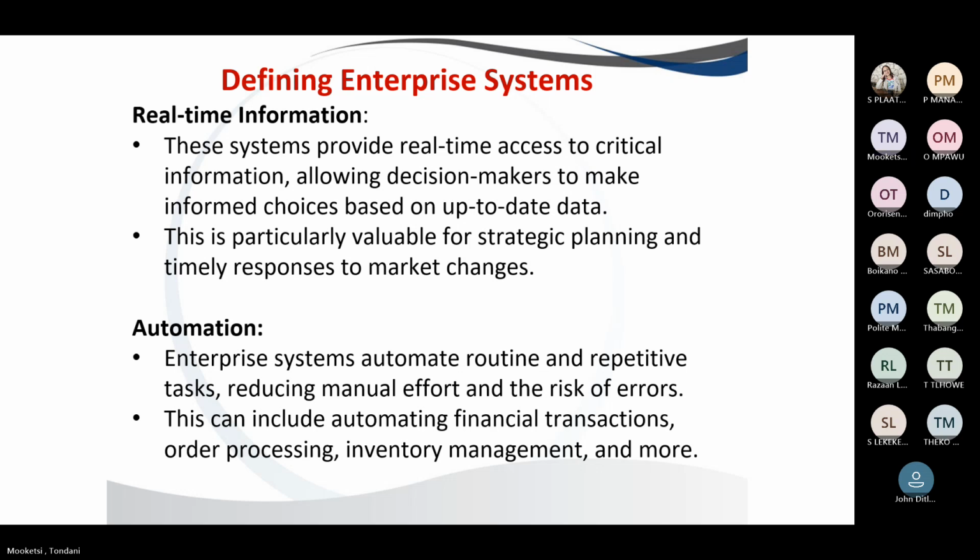Another example could be maybe a ticketing system like Computicket or Quicket, for example, if you use those. So that is automation because a user will go in to the website or to the app, select an event that they want to buy tickets for, select the number of tickets. If you have to choose a seat, choose a seat, and then you proceed to the checkout stage where you must make payment.